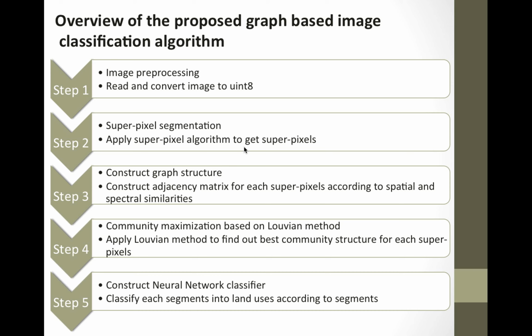In step 4, a community maximization-based approach, the Louvain method, was applied to find the best community structure, the best modularity structure, for each superpixel. And in step 5, I construct a sequential neural network using Keras to classify each segment into different land uses.